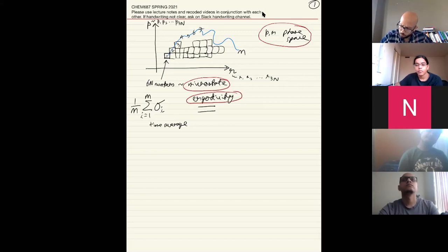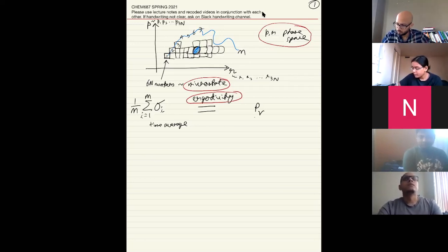And instead of following the trajectory and seeing where it goes and calculating that observable O at each point, instead go to every box, any such box. Let's go to this box. Calculate the probability of observing the system in this microstate.